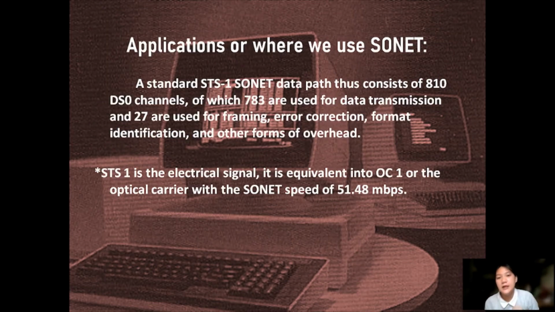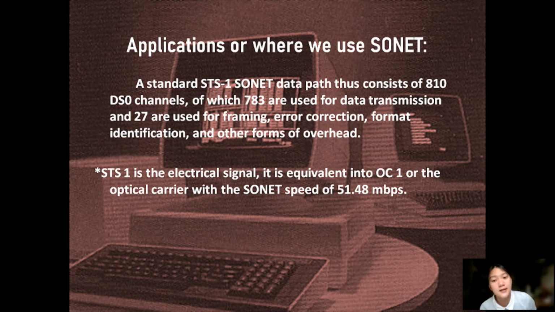Now, the applications or where we use SONET. So, the standard STS1 SONET data path consists of 810 DS0 channels, of which 783 are used for data transmission, and 27 are used for framing, error correction, format identification, and other forms of overhead.